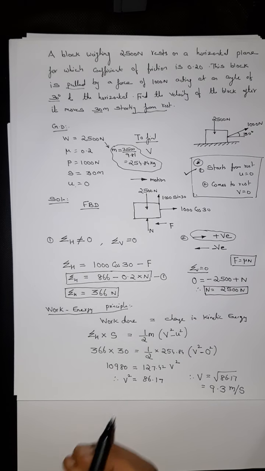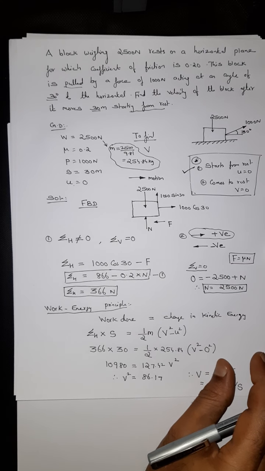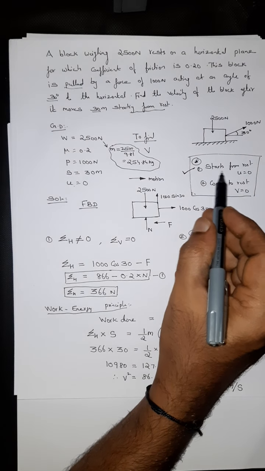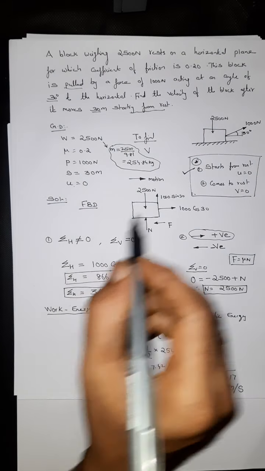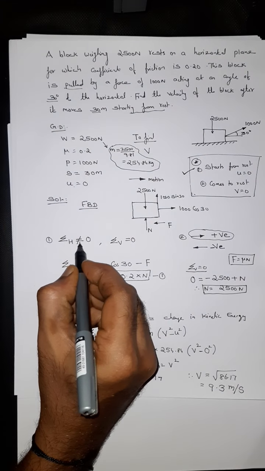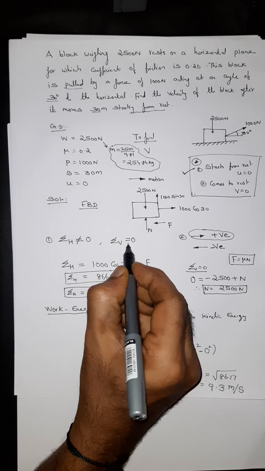Clear? So, there are three things you'll have to remember. First, the condition: when the movement of the body is in the horizontal direction, summation H is not equal to 0, summation V equal to 0.